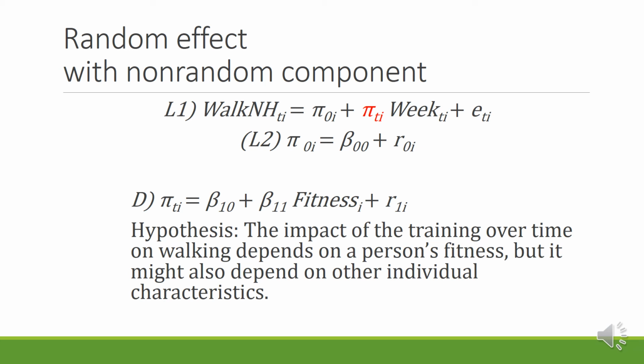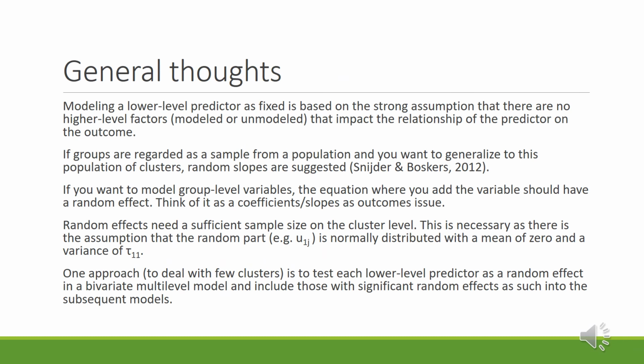So the hypothesis is that the impact of the training over time on walking depends on a person's fitness, but it might also depend on other individual characteristics. And to me and most other people who do growth curve modeling, this is just the common sense hypothesis to test. I want to close this presentation with some general thoughts.